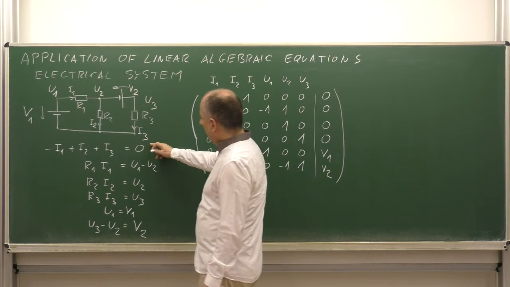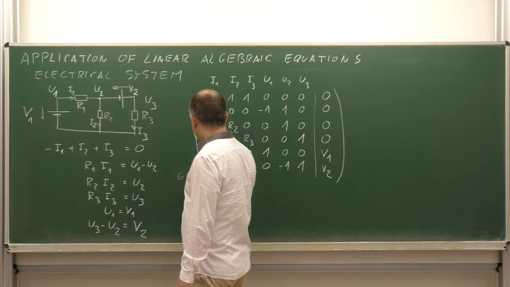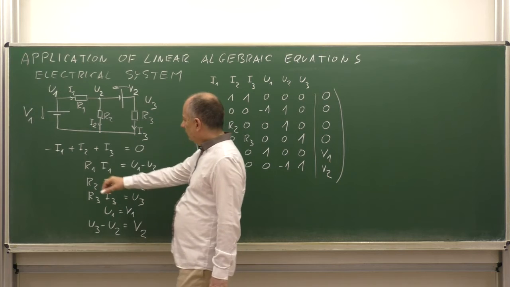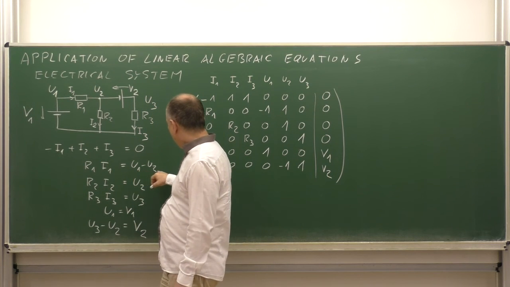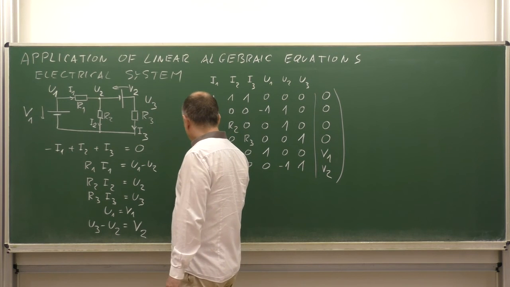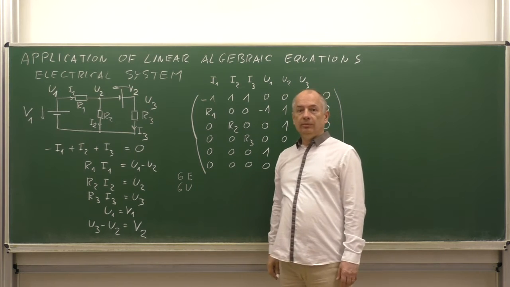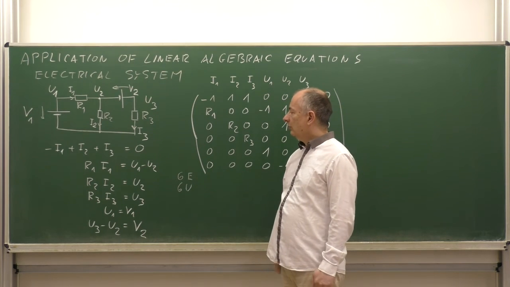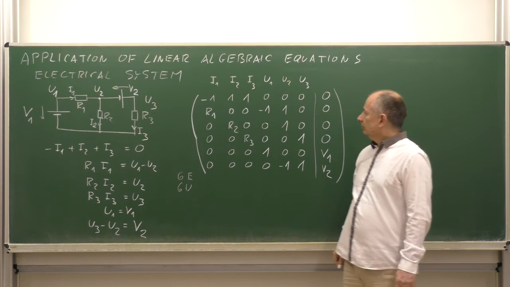Well, so we have 1, 2, 3, 4, 5, 6 equations for 1, 2, 3, 4, 5, 6 unknowns. And this is a linear system, so we can describe this system of equations by the following augmented matrix.